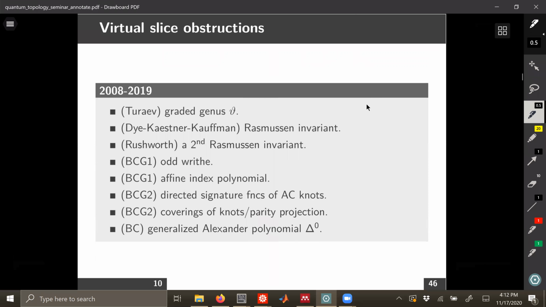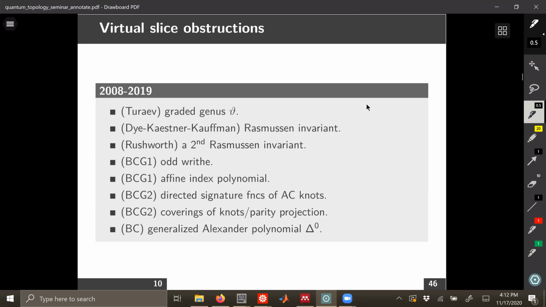Okay, so in addition to the theorems I mentioned before about the behavior of concordance classes of virtual knots, there's quite a few virtual slice obstructions which are now known. So in the paper I just mentioned by Turaev, he introduces this amazing invariant called the graded genus.